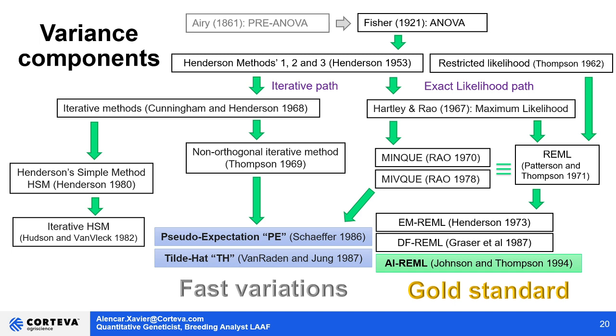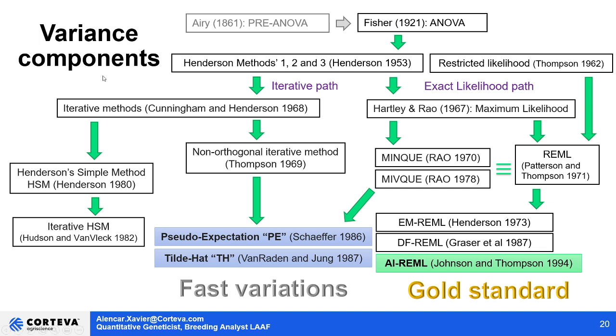And at a lighter computational cost on the left, I'm illustrating methods that were iterative at a time. So some of the first iterative methods that became quite popular were proposed by Cunningham and Henderson in 1968.